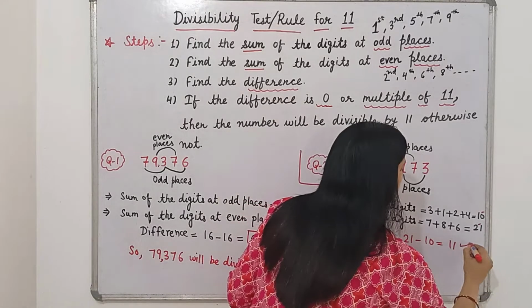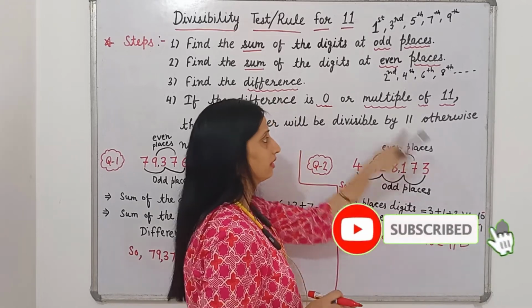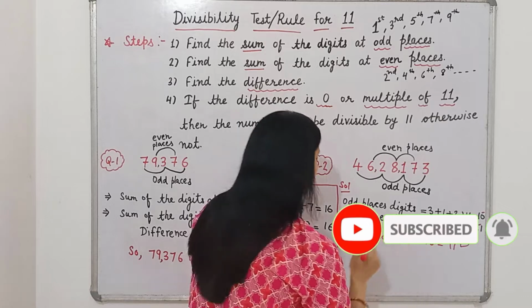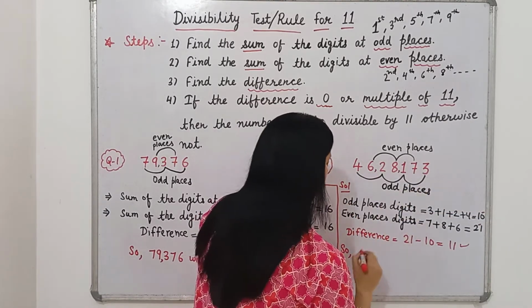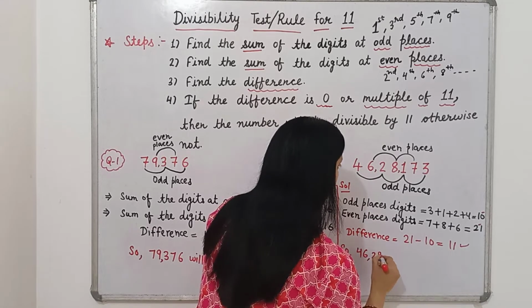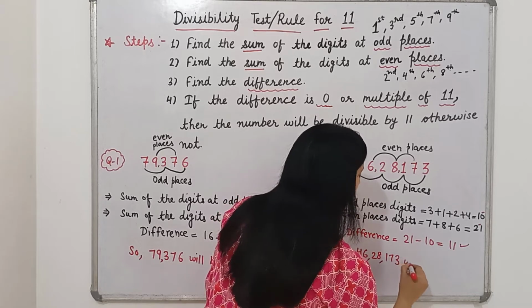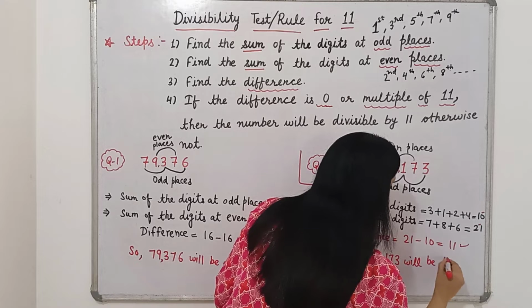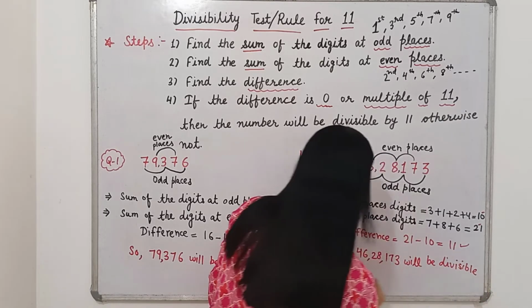Okay, and we know that 11 is divisible by itself. 11 is the first multiple of 11. Hence, this number 46,28,173 will be divisible by 11.